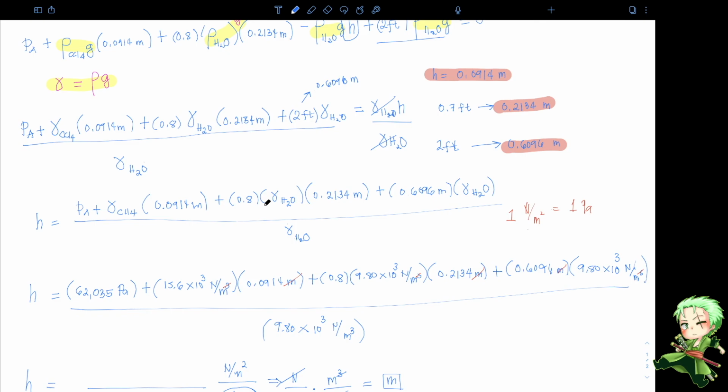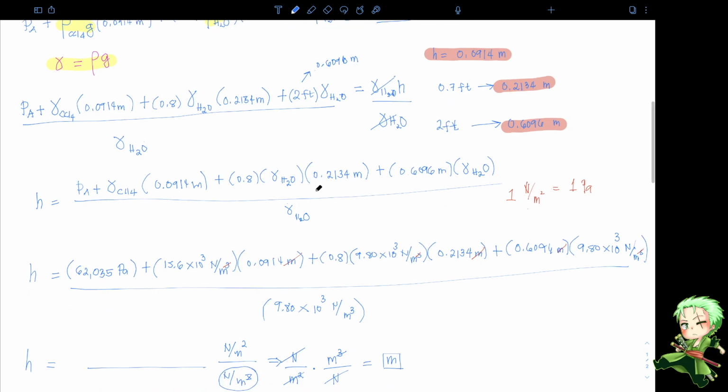You add 15.6 times 10 to the 3, multiplied by 0.0914 meters, plus 0.8 times 9.80 times 10 to the 3, multiplied by 0.2134 meters, plus 0.6096 multiplied by 9.80 times 10 to the 3. So the numerator will yield you a value of 71,107.976 newtons per square meter.